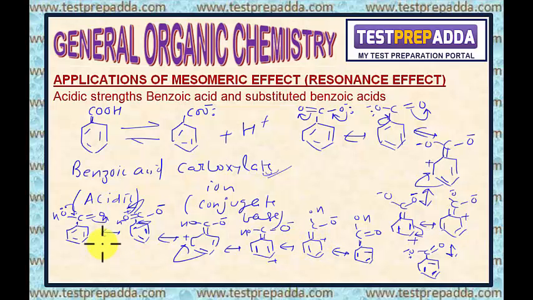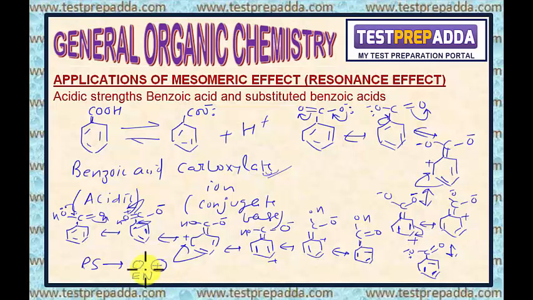The problem is both parent acid benzoic acid as well as conjugate base carboxylate ion, both are resonance stabilized. So how will we decide whether this process will move in the forward direction or in the backward direction? So just check the resonating structures. In case of benzoic acid, you will find resonating structures where oxygen gets positive charge. Oxygen is electronegative element.